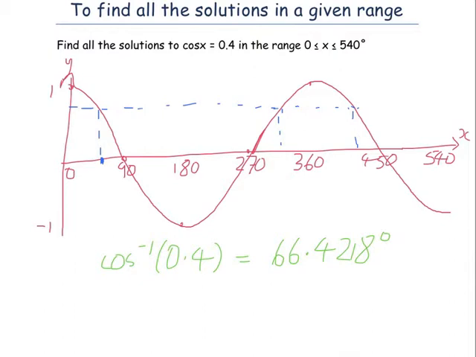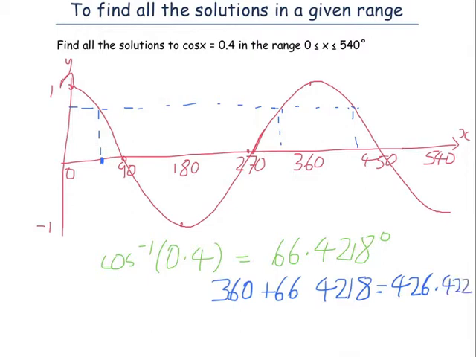So one of our solutions is going to be 360 degrees plus 66.4218, which is the value 426.422 degrees to 3 decimal places. And also that means that, remember, the solutions around here are going to be symmetrical.